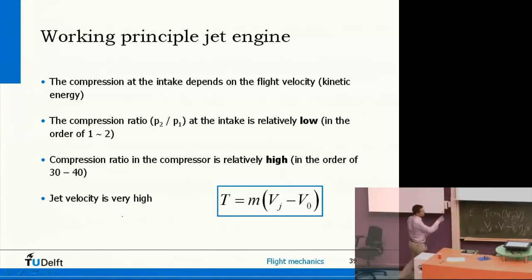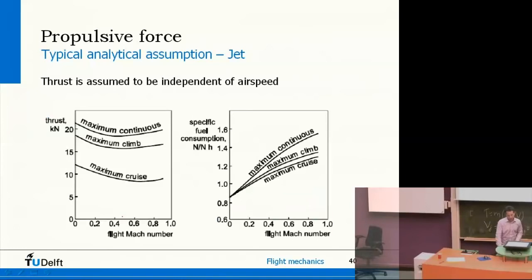So if you would make thrust a function of airspeed, then it looks more or less like this. So you can see these lines. Let's just take one, maximum continuous thrust, so that means you give full power in the cockpit. Then the thrust line as a function of airspeed, if you evaluate your engine at different airspeeds, doesn't really change that much.